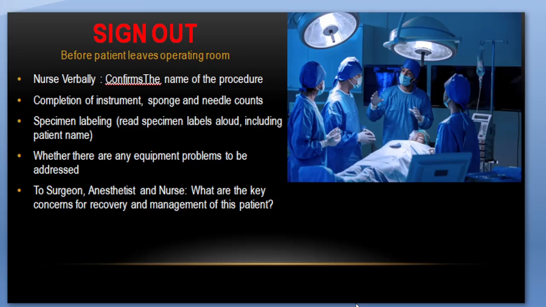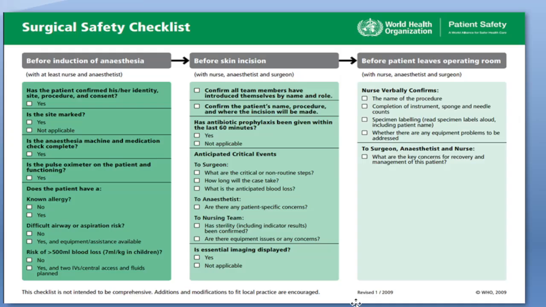For example, there may be changes in the fluids, body positions, diet, medications, or some other specific concerns they will advise for the early recovery of the patient. This is regarding the sign out procedure.